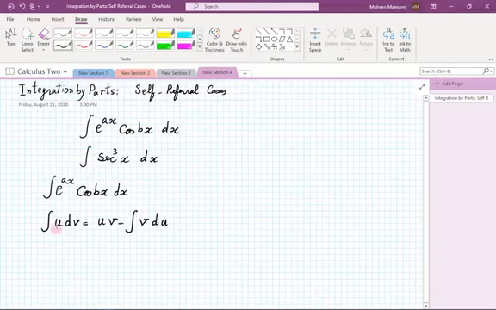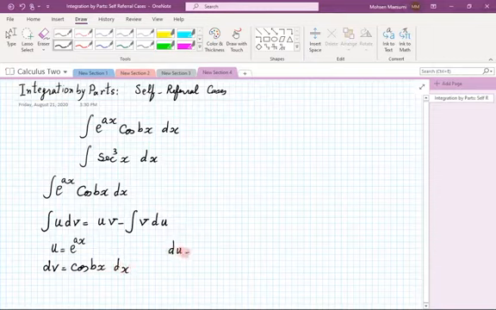For example, I take u to be exponential of ax, and as soon as you pick one of them, the other one is decided for you. Whatever is left is the other one, cosine of bx dx. Then we come to du. The derivative of this is a exponential of ax dx, and v will be the antiderivative of this.